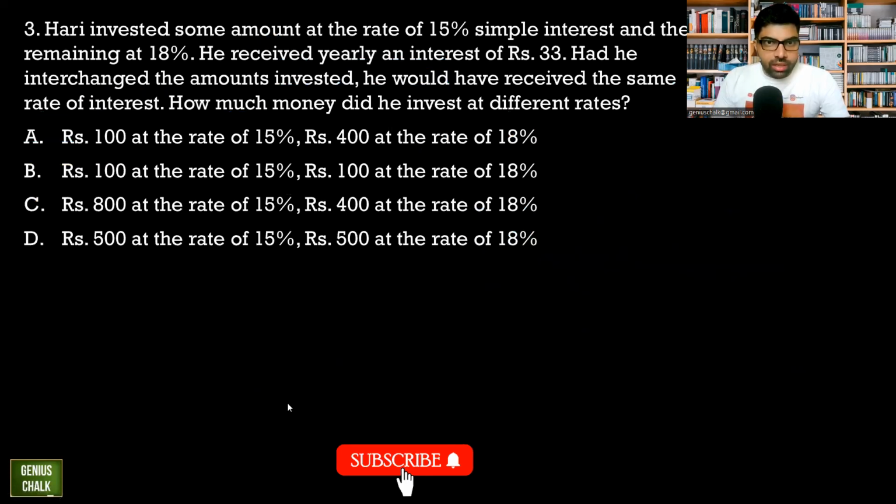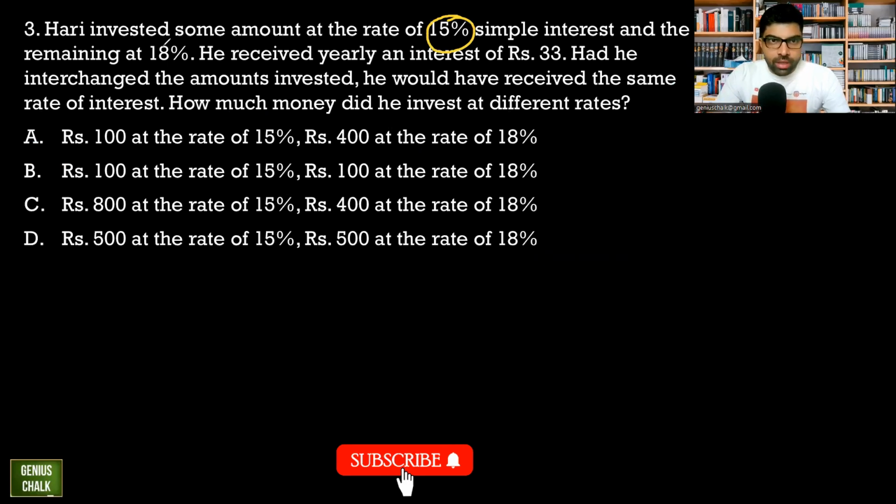Hari invested some amount at the rate of 15% simple interest and remaining at 18%. He received yearly an interest of rupees 33. So there are 2 investments Hari has made. So first investment, let's say it's P. So 15% of P, that is 15 by 100 of P. So we can say it is 0.15P. Next, it is on 18%.